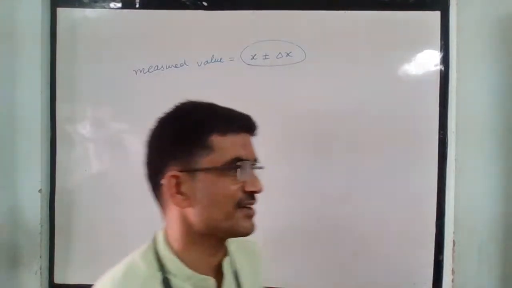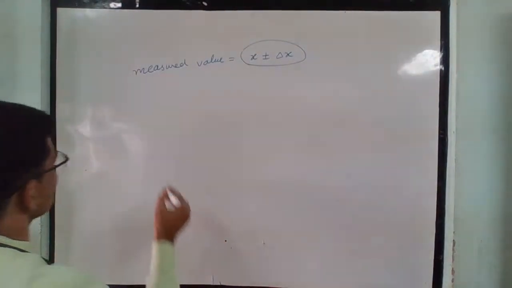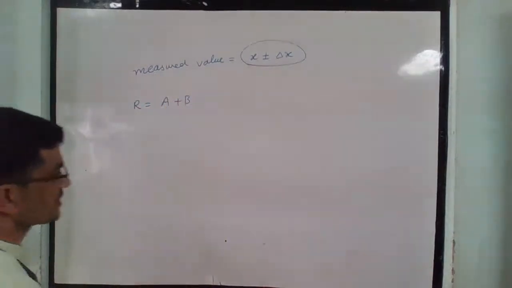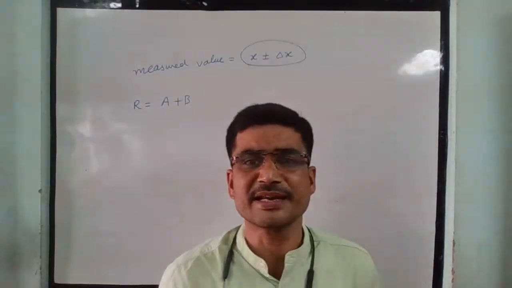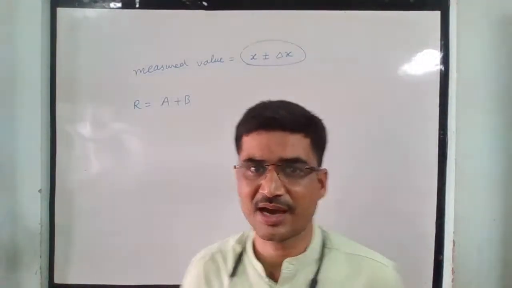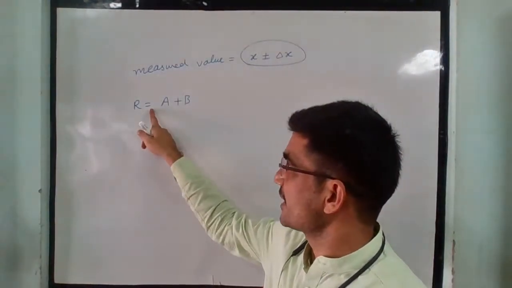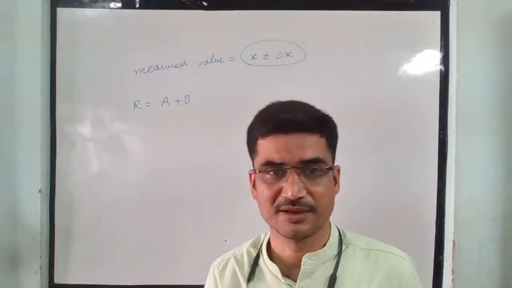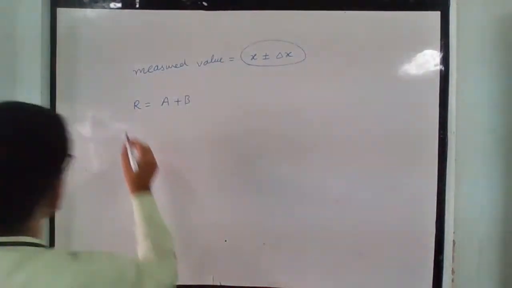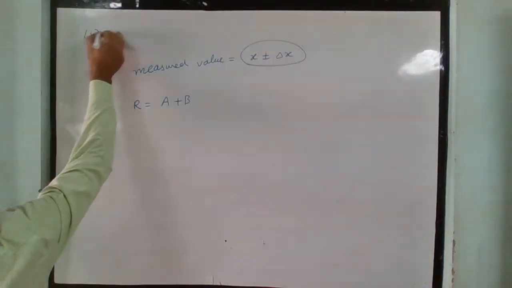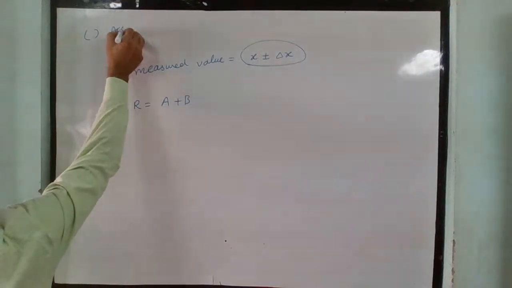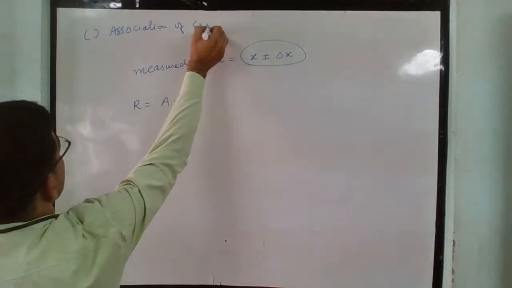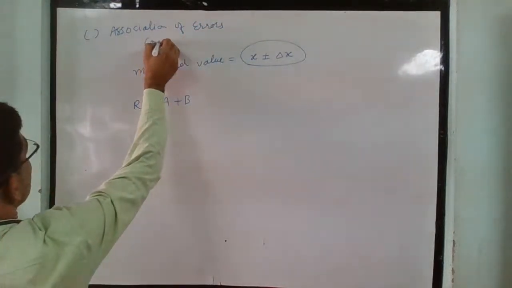So we have this formula, meaning any physical quantity R is calculated by A plus B. Okay, so first we are taking this heading, the name is association of error, also called combination of error.